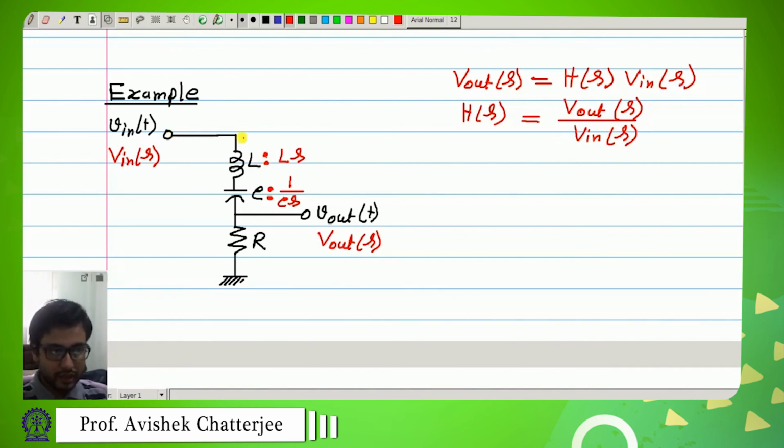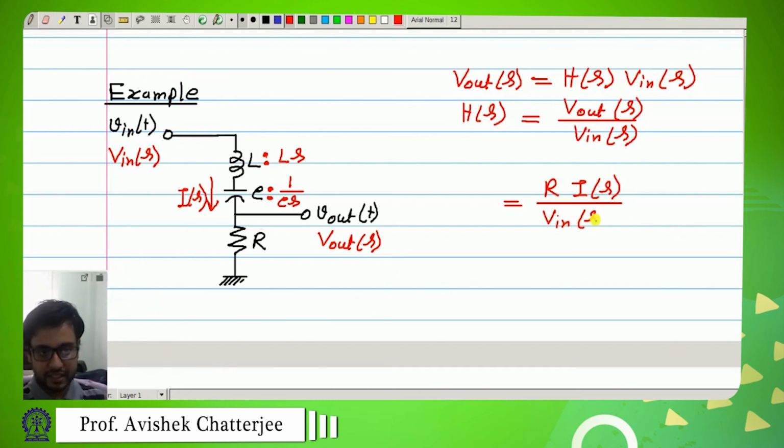Now in this circuit, if you call this current I(s), then V out will be equal to R multiplied by I, so R I(s), divided by V in(s).